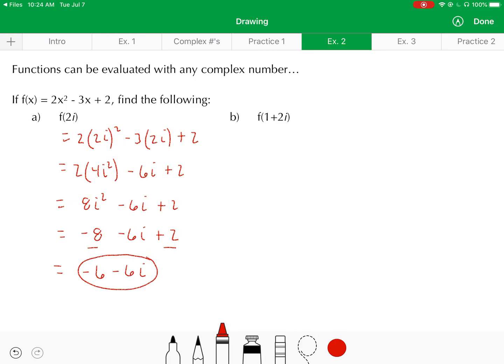Okay. Let's do the same thing over on the right here, f of 1 plus 2i. So now we're evaluating with a complex number, and same kind of process. This one will be a little bit more involved to simplify.